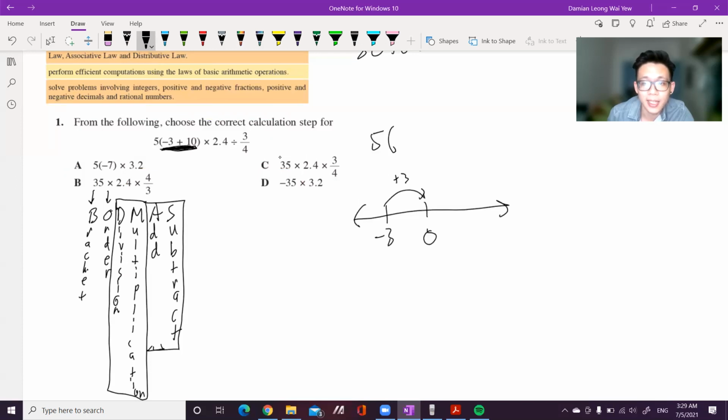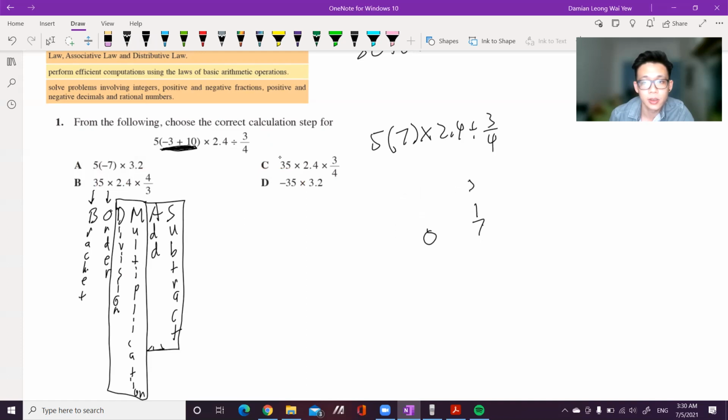But I need to plus 10, so I still have another 7 to go. From 0, it goes another 7. So negative 3 plus 10 all the way would basically be 7. So it's 5 bracket 7 times 2, 4 divided 3 over 4. You can see here, none of it is the same.